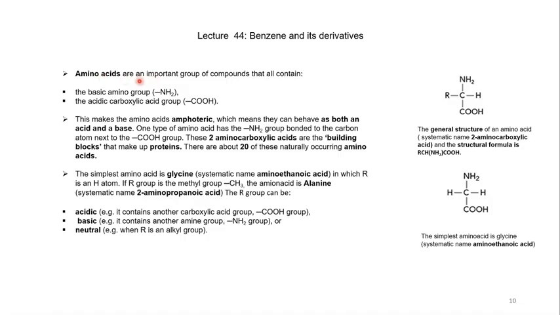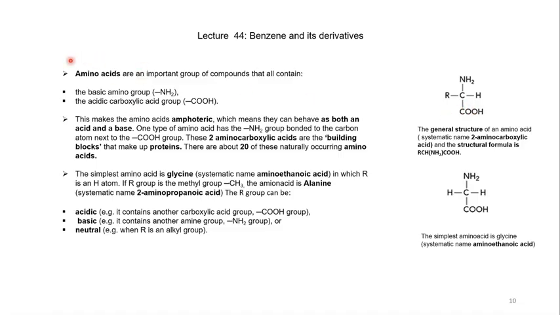Amino acids are also an important group of compounds, and this is the structural formula of an amino acid. This amino acid has a basic amino group and an acidic carboxylic group. So here is the basic amino group on the same carbon atom, and then the acidic carboxylic group.